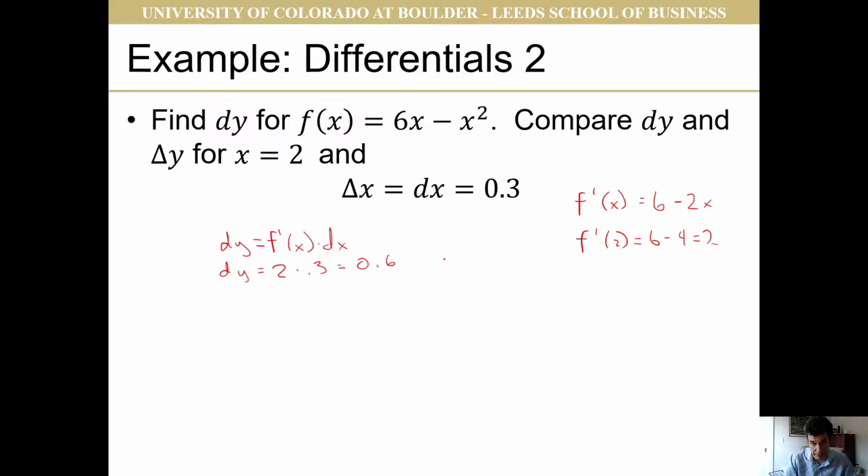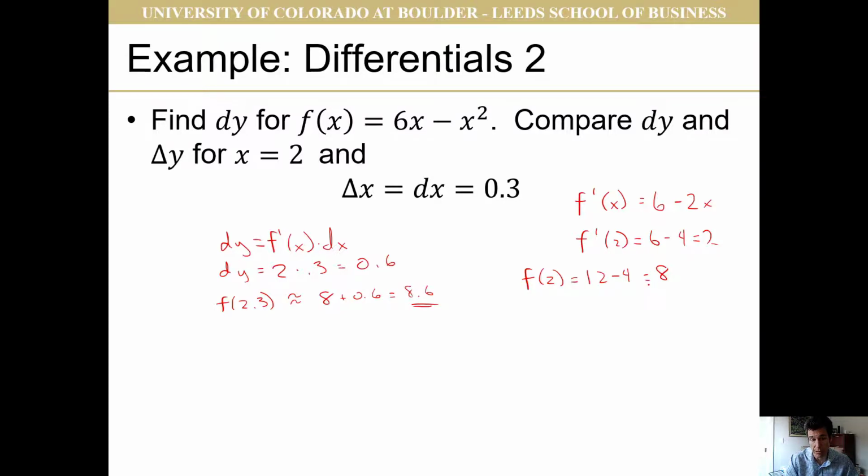So that suggests that if we start at f of 2, f of 2 equals 12 minus 4 equals 8, which means we expect f of 2.3 is approximately equal to 8 plus 0.6 equals 8.6.